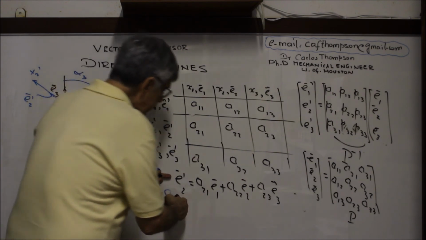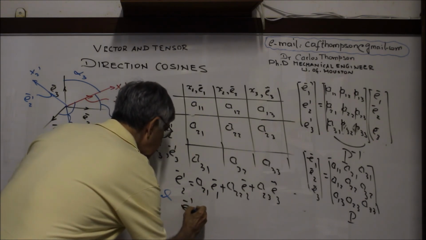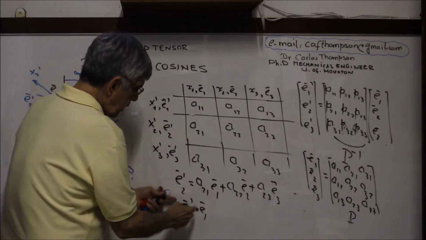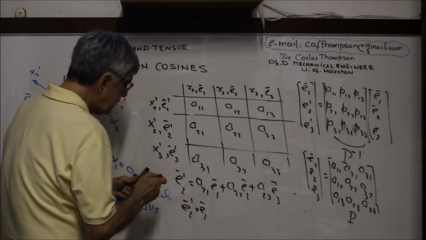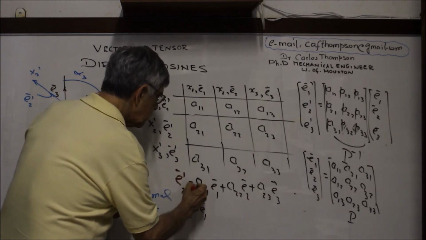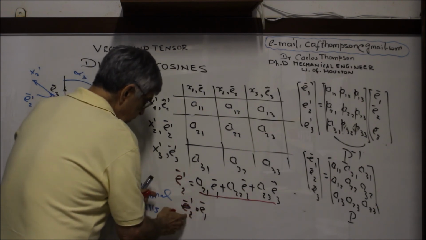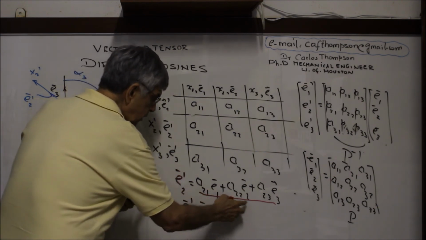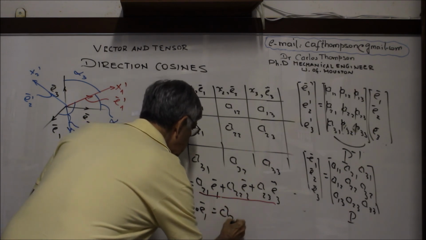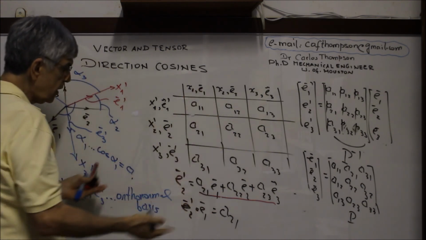Now, if you multiply E2 prime dot E1, this is E1 dot E1 which is 1, E1 dot E2 is 0, and E1 dot E3 is 0. So this is equal to A21. This is the angle between E2 prime and E1. Just easy.